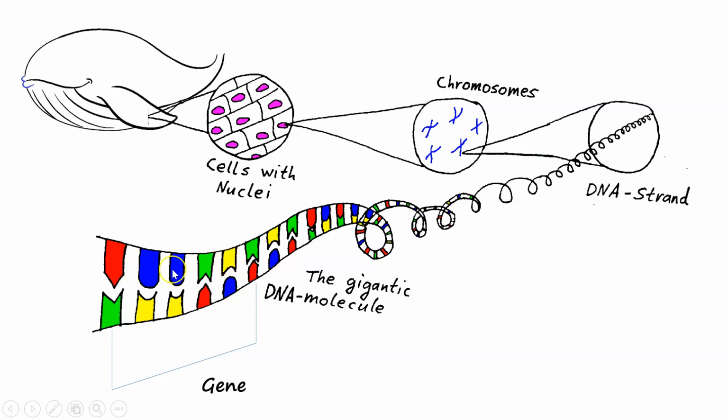And these strings of nitrogen bases are called genes. Genes are the instructions for making proteins. Proteins will give you your traits. Now, I know it's crazy that this molecule actually makes you who you are, but it's true.